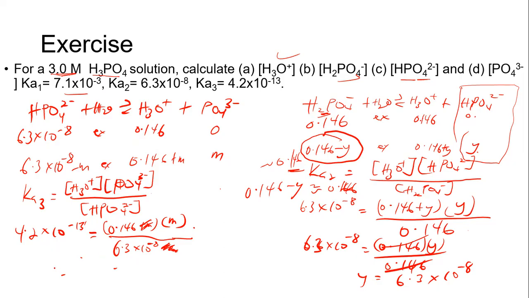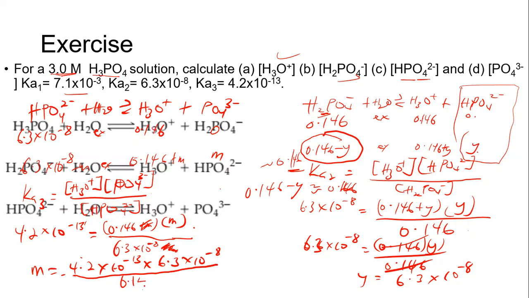So this will be what we'll have. Then if I do my change of subject here quickly, M will be equal to 4.2 times 10 raised to the power -13 multiplying 6.3 times 10 raised to the power -8 all over 0.146.